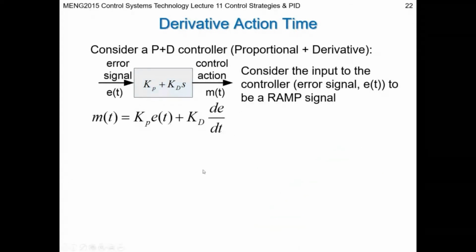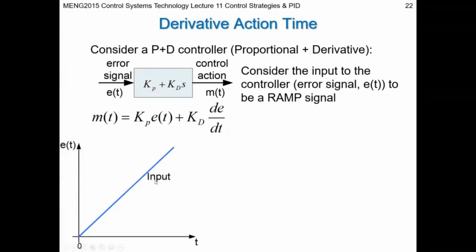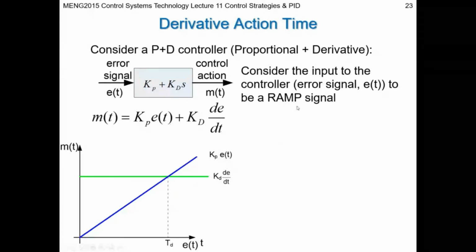But if we consider the input to be a ramp, so now the error is gradually growing at a constant rate, it's a ramp error. So this is our error gradually growing, the blue line. Then what's going to happen, our proportional controller is going to have action, M, which also grows in proportion to the error.